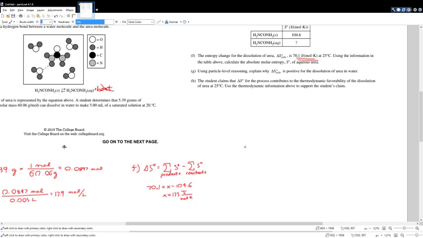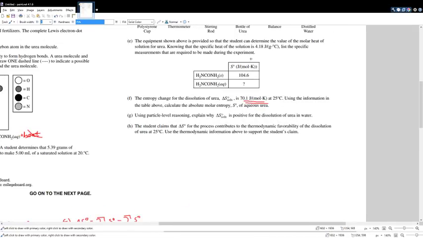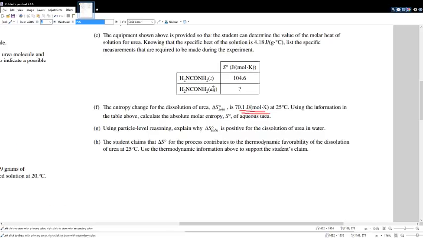And that's part F. Part G says, using particle level reasoning, explain why delta S is positive for the dissolution of urea in water. So this is essentially just explaining why an aqueous solution is going to have more entropy than that same solid, right?